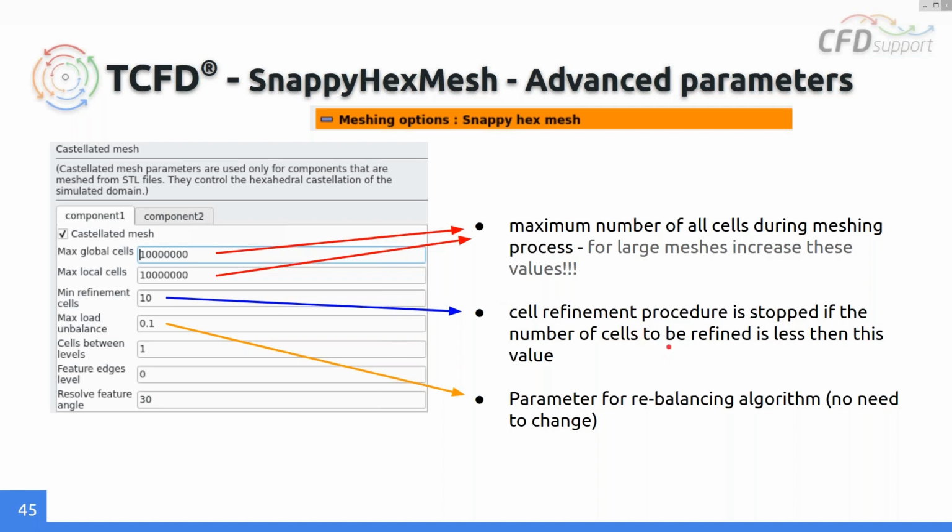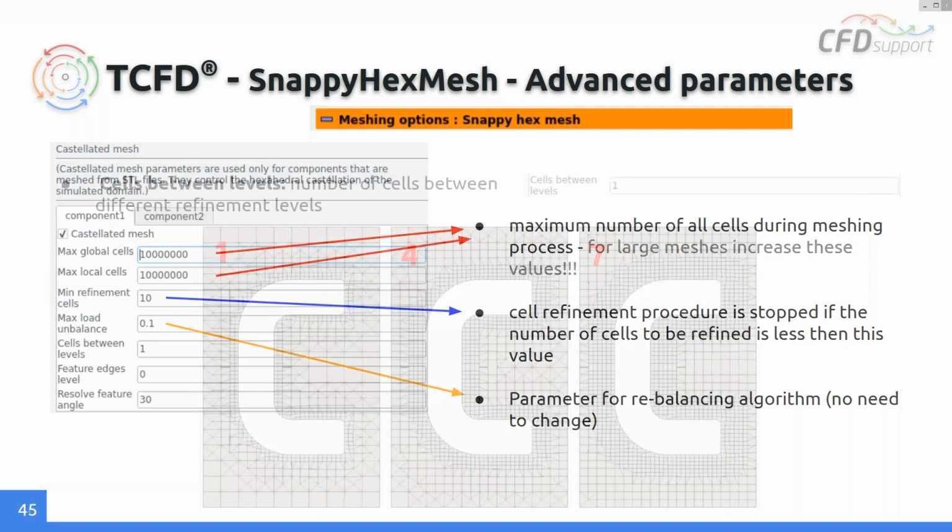Max flow unbalance is a default parameter for rebalancing during the meshing if you run the meshing in parallel. There is no need to change it, and it is an okay value for general applications.